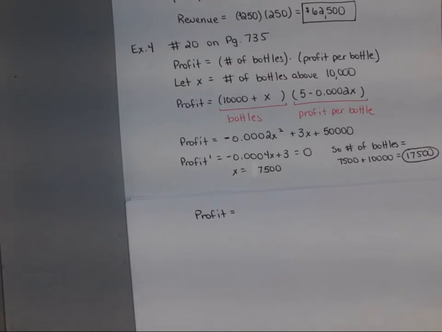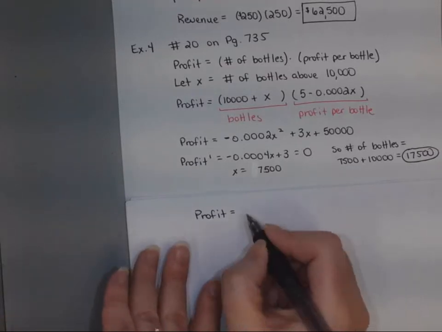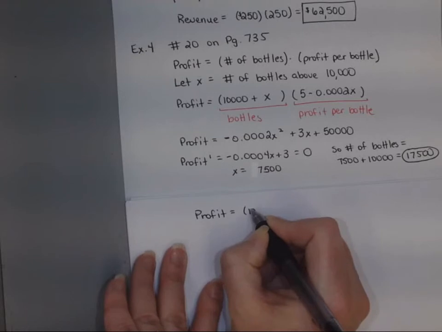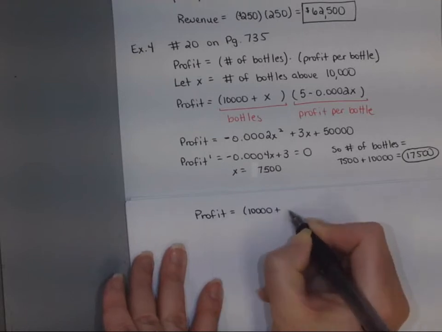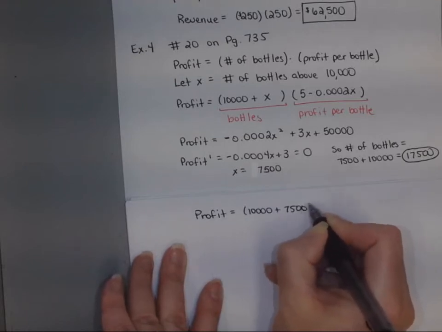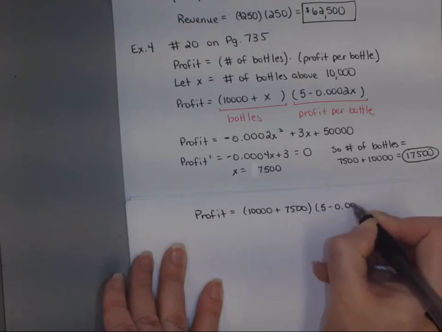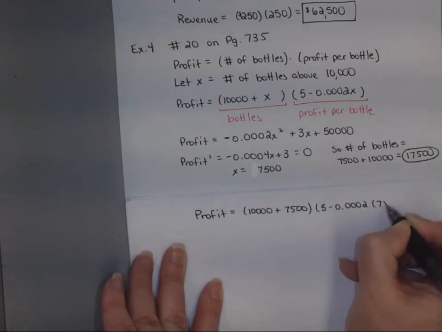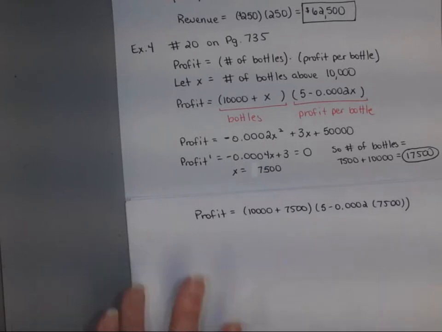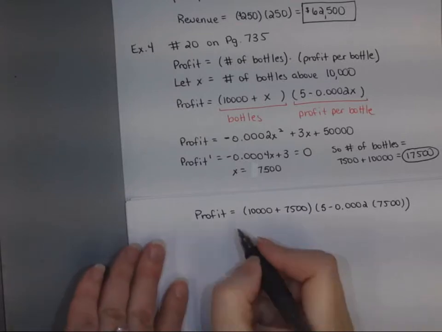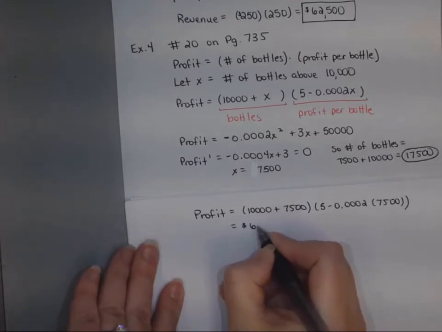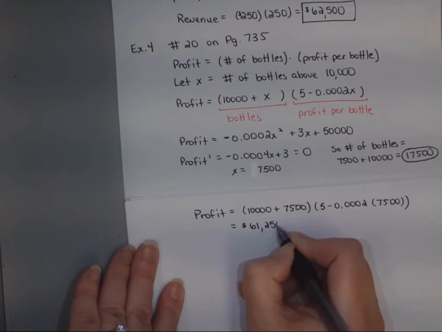So I'm just going to do it this way because my calculator can do it. And that way you can see what it looks like. And then 5 minus 0.0002 times 7,500. So all I did was plug that into my profit equation, right? And what you should come up with is $61,250.